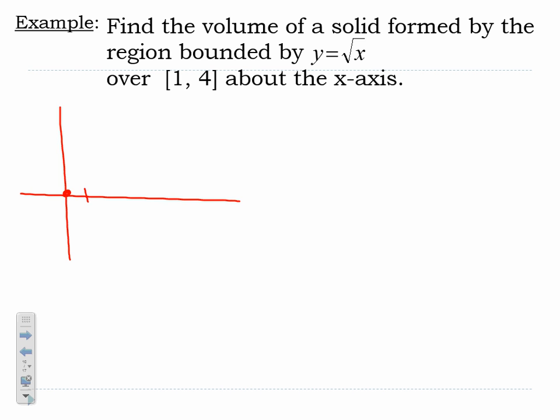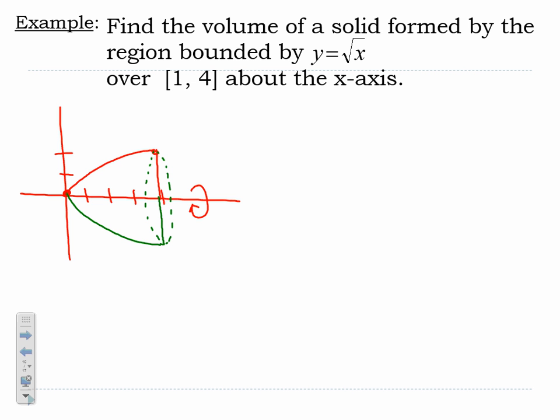And from 1 to 4, it looks like this. So here is the region that we are going to rotate about the x-axis. We get this trophy-looking shape.